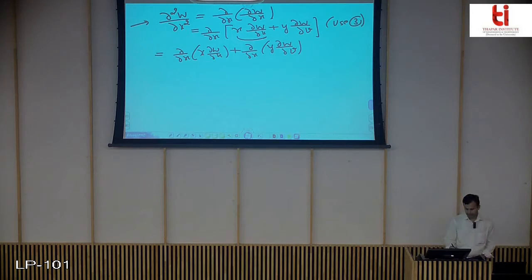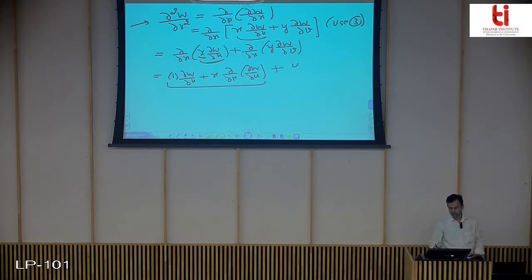And now I am differentiating this first. So differentiation with respect to x gives 1 times del w by del u plus x times the derivative of del w by del u with respect to x. So this is the first term. For the second, y is treated as a constant because x and y are independent variables. So y is taken as a constant and you write it as y times del by del x of del w by del v. Okay, so this is the second term we got from differentiation.